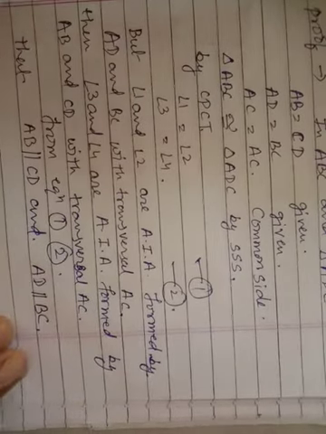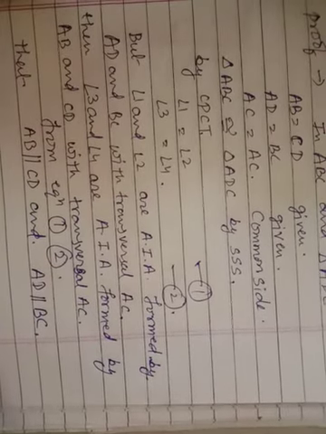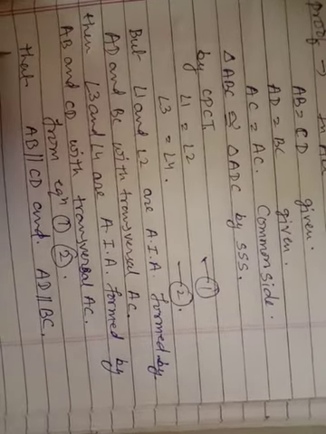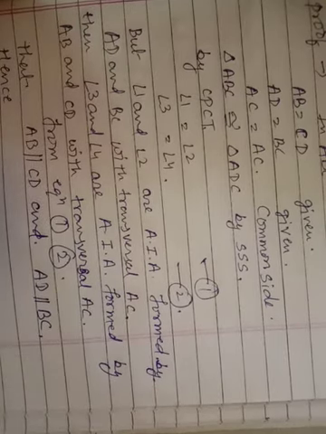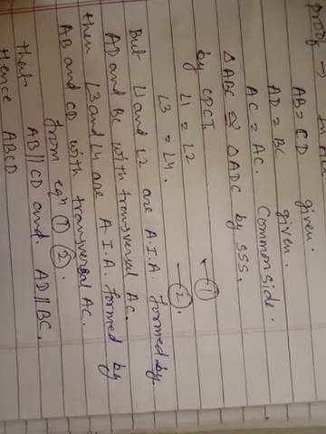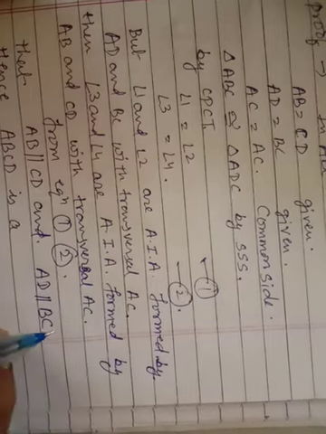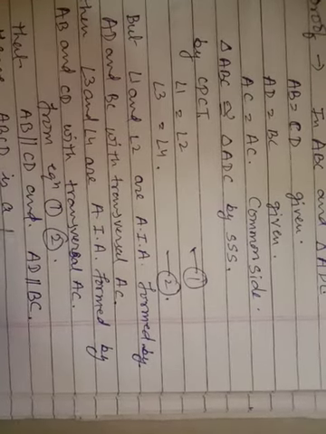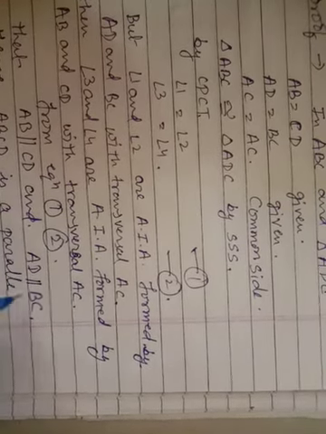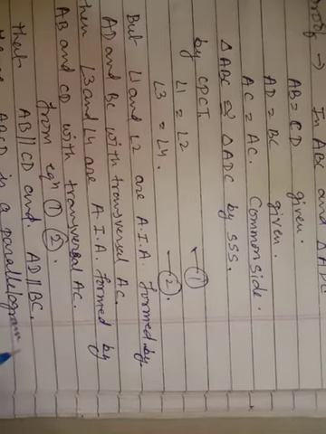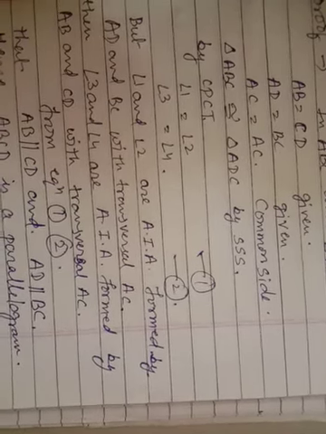When alternate interior angles are equal, then lines are parallel. Hence, we can conclude that ABCD is a parallelogram. This is what we have to prove.